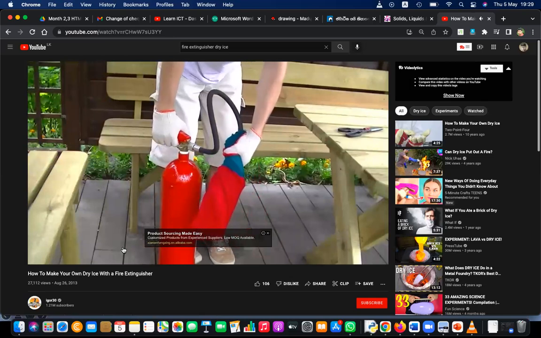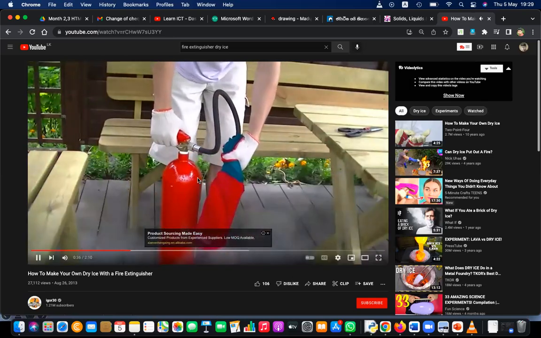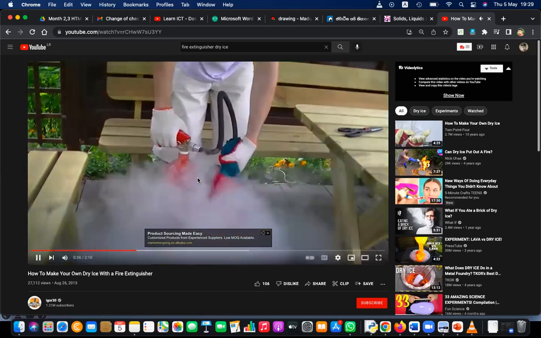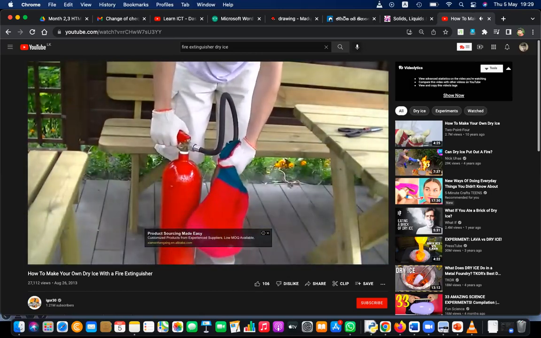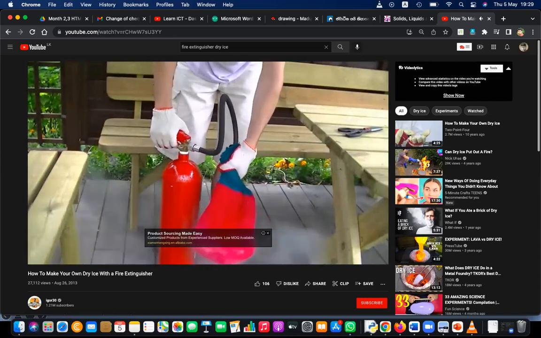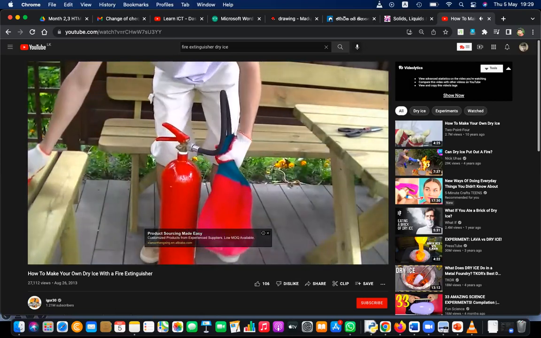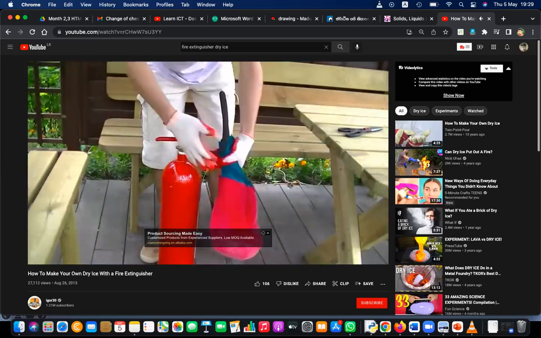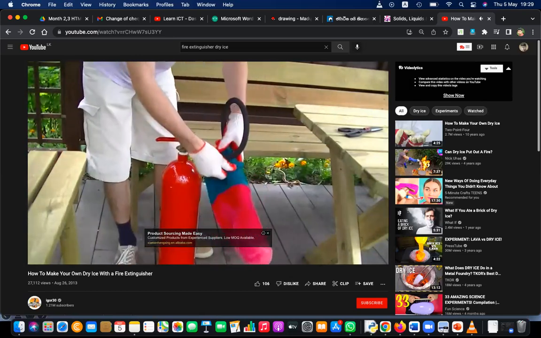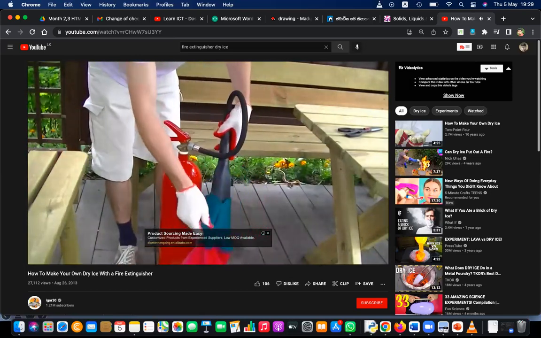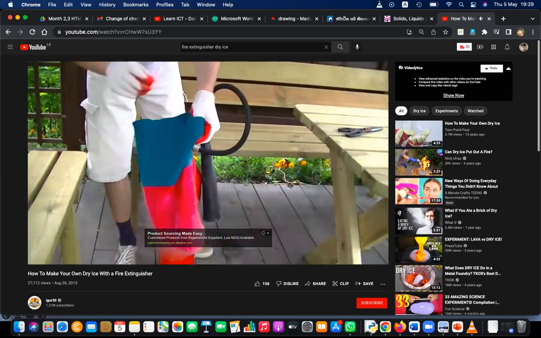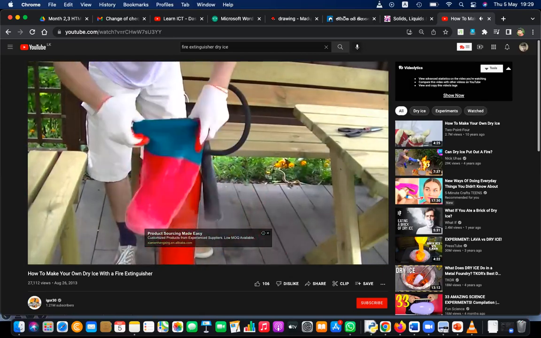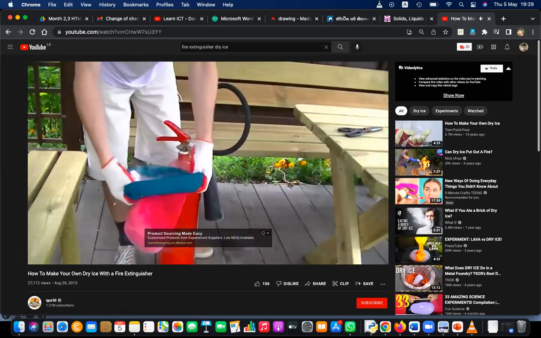Then he sprays it. Inside the cloth, which is like a bag, solid carbon dioxide will be collected. It's white in color. It's called dry ice.